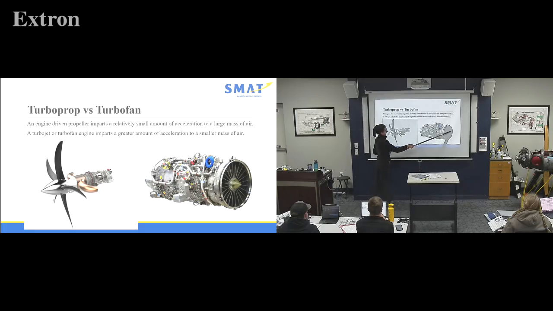With a turbofan, or even a turbojet, you have a smaller amount of air, but a much greater acceleration to the air. So as you're moving through, you're not impinging yourself on as much air, but your fan blades or even the compressor blades are going to be able to move way faster than our prop. Why is that?